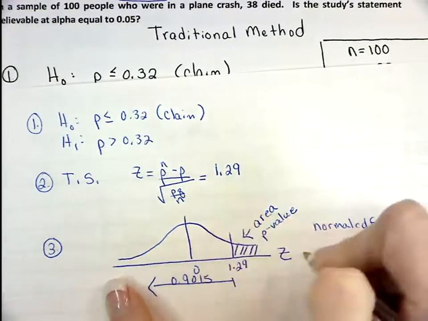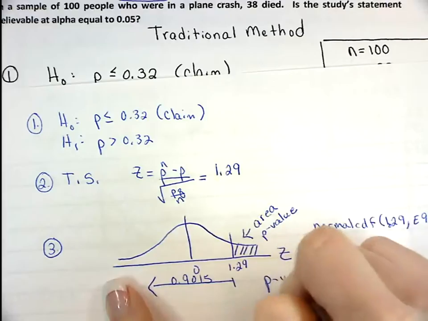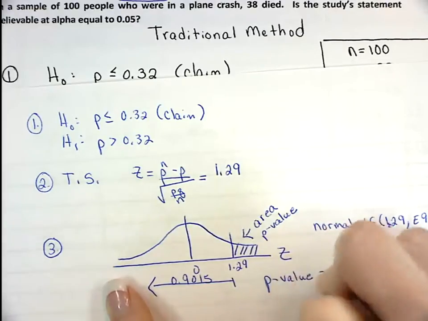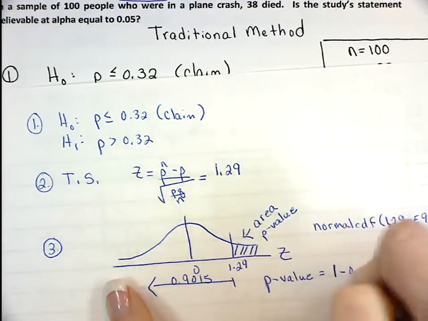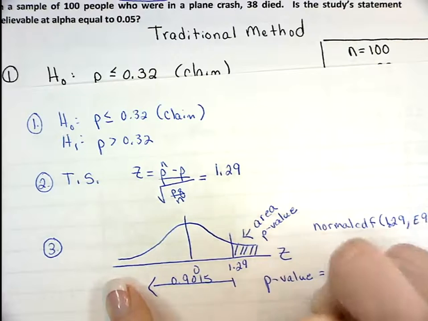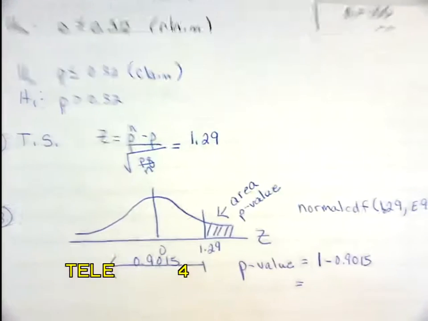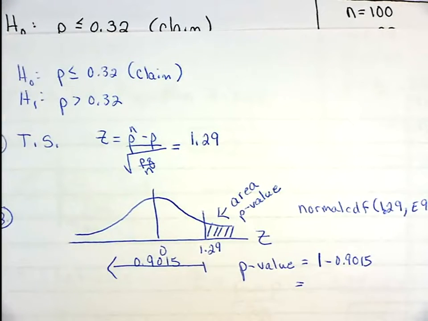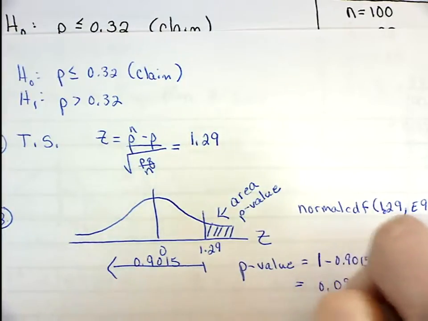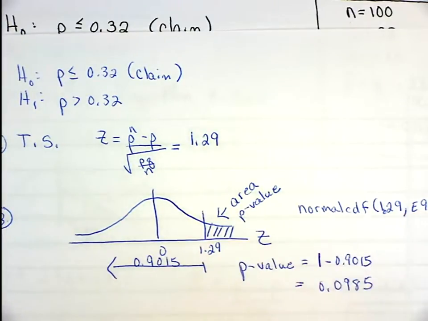That means that the area above it, which is your p-value, is 1 take away the 0.9015, and that's because the total area under the curve is 1. So if you say 1 minus the area below it, you receive the area above it, 0.0985. And that's the one you receive by hand.